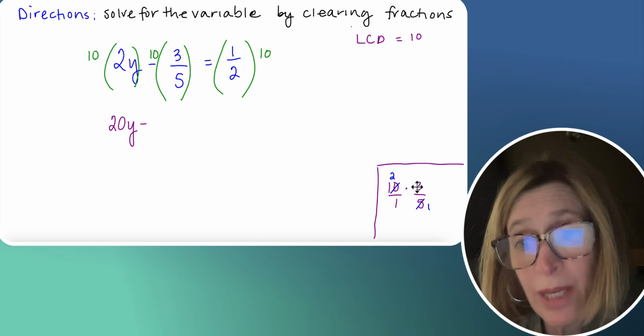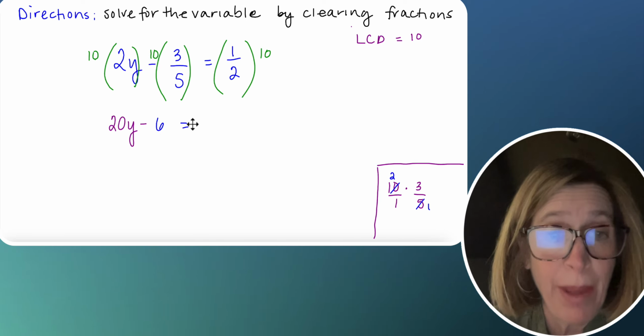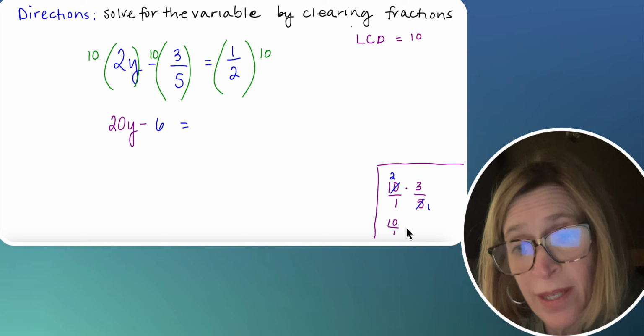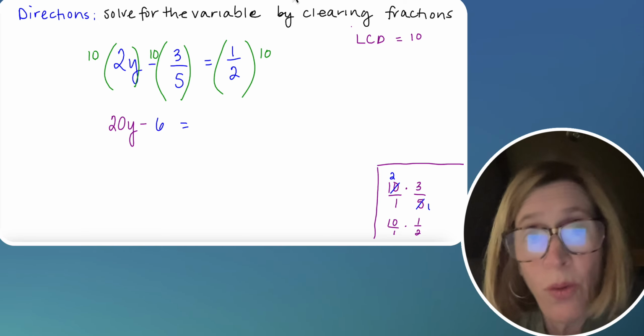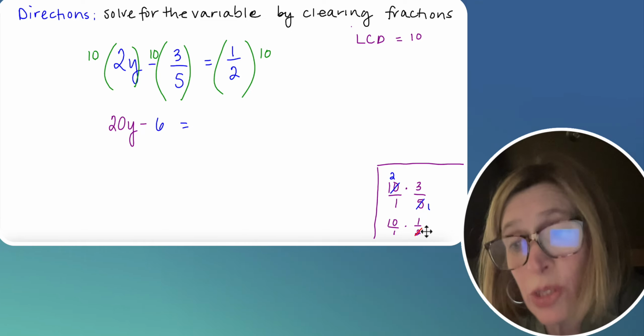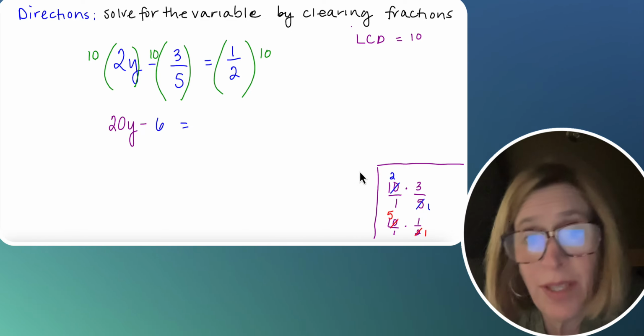So then 2 times 3 is 6. So minus 6. It's already looking better. Okay, and then I have 10 over 1 times 1/2. Well, 2 and 10 are common factors. So 2 goes into itself once. It goes into 10 5 times. So 5 times 1 is 5.